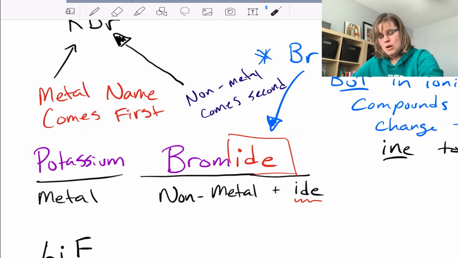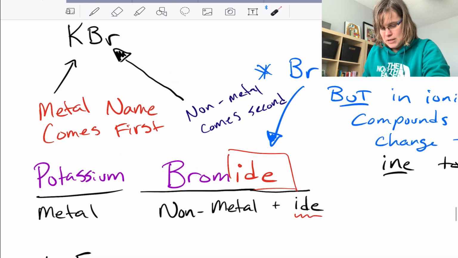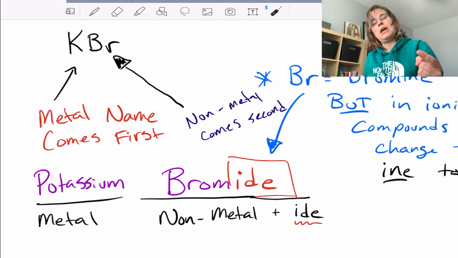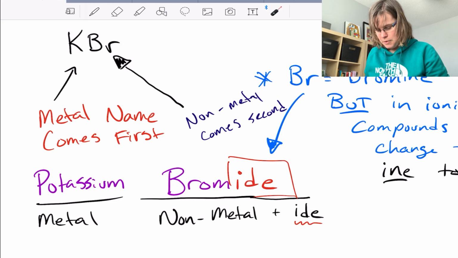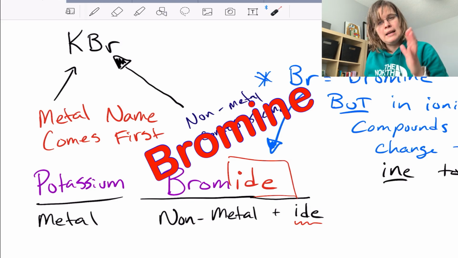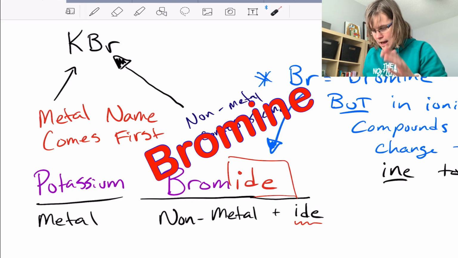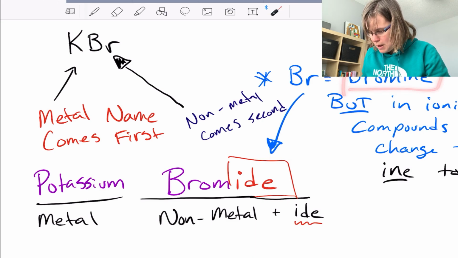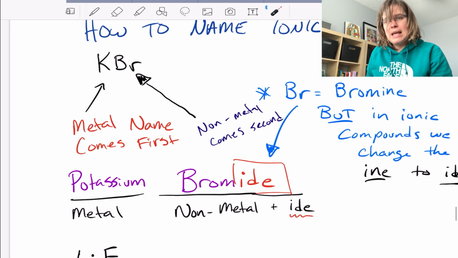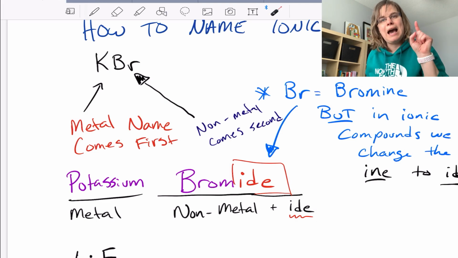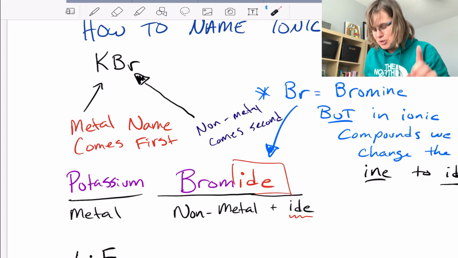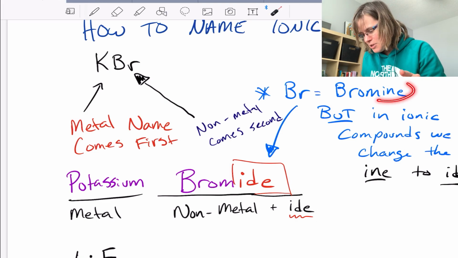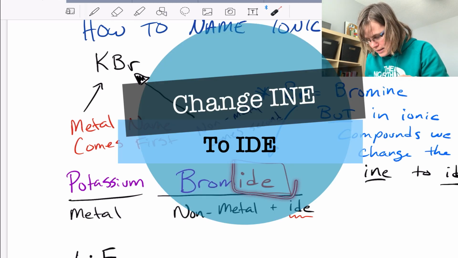Right beside that, we put the non-metal name, so Br. Br is located on the other side of the periodic table, and it's called bromine. But when we name ionic compounds, we change the INE, bromine, we change this part to IDE.